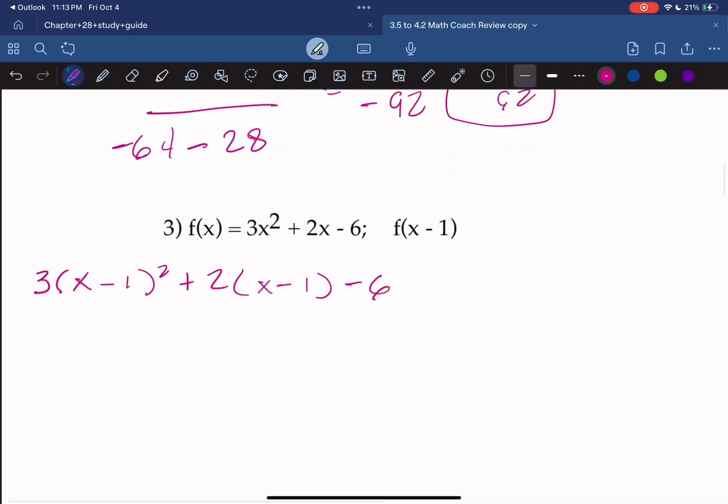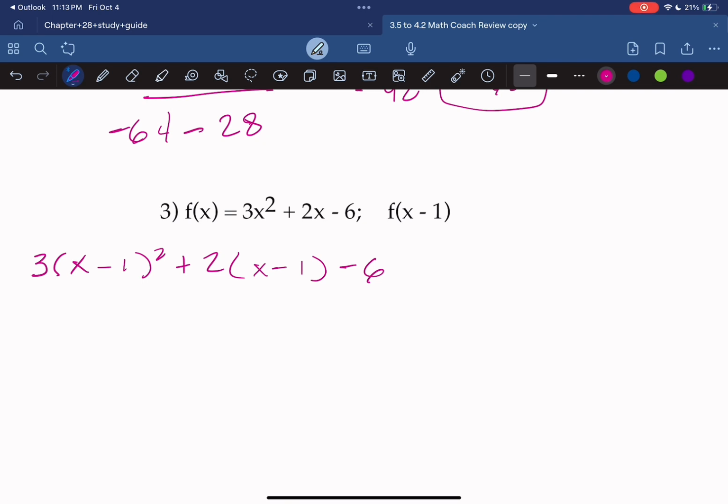For x minus 1 squared, we're going to have to FOIL it, which is basically this. And then FOIL just means these two, and then these two, and then these two, and these two.